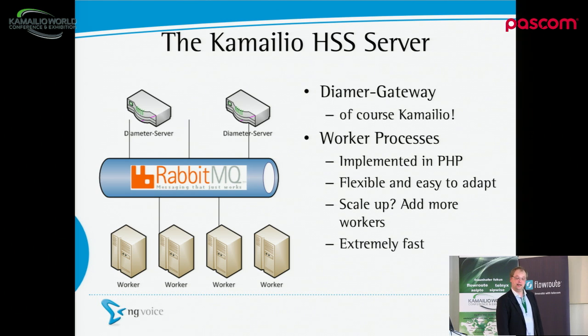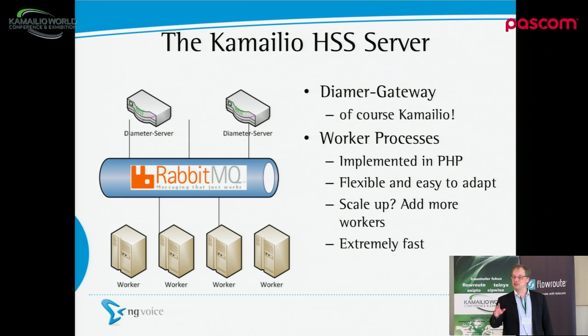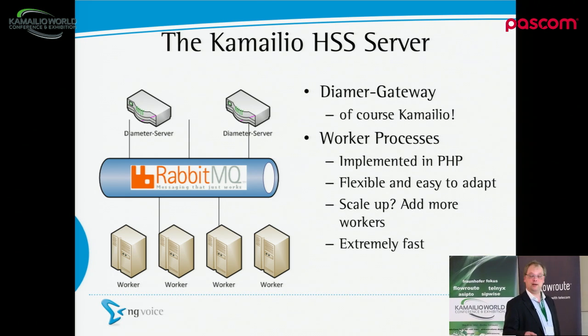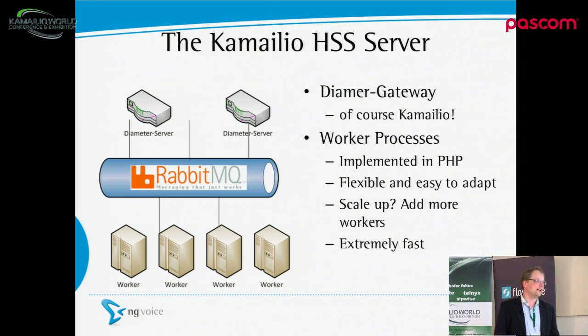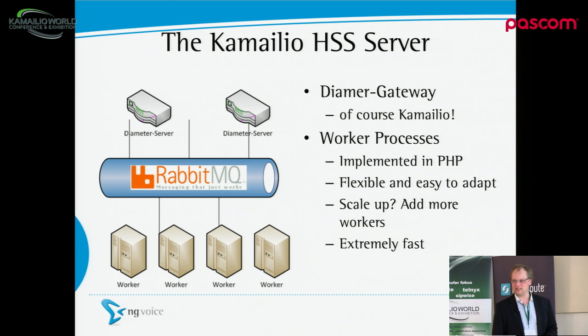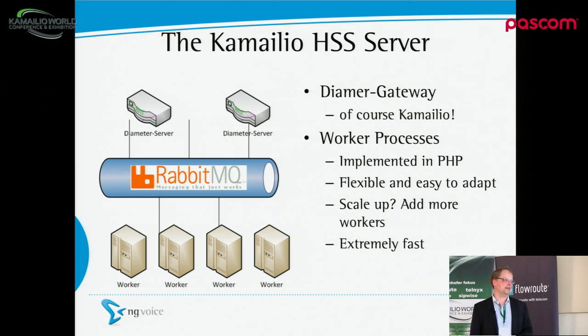And what really amazed me was that this setup is still extremely fast. My personal idea was, okay, we had our JBoss Java implementation, and I was expecting something similar from the Java JBoss MobiSense HSS we had.